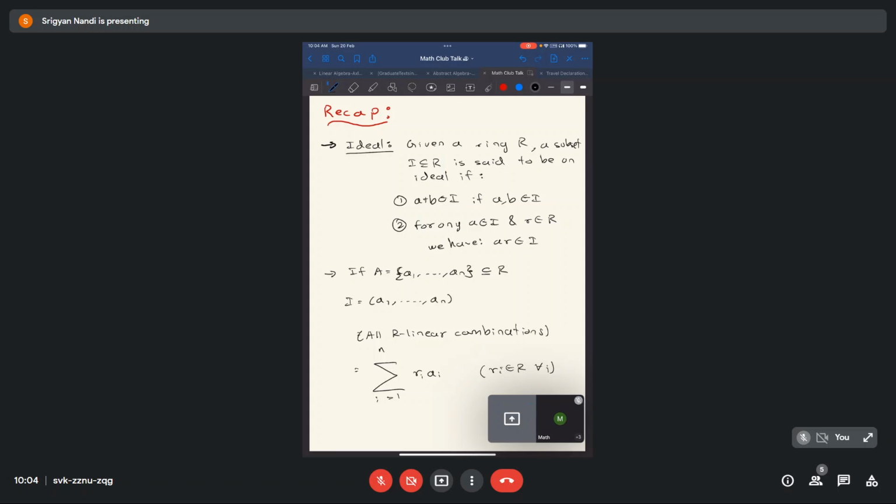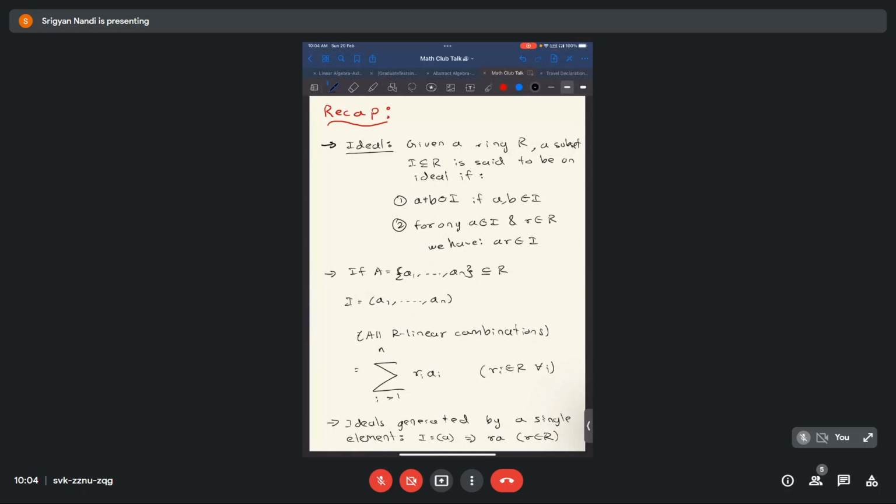The most trivial examples of such ideals are ideals generated by a single element. These are of the form (a), which is all elements, as you could guess, of the form Ra, where R belongs to the ring.